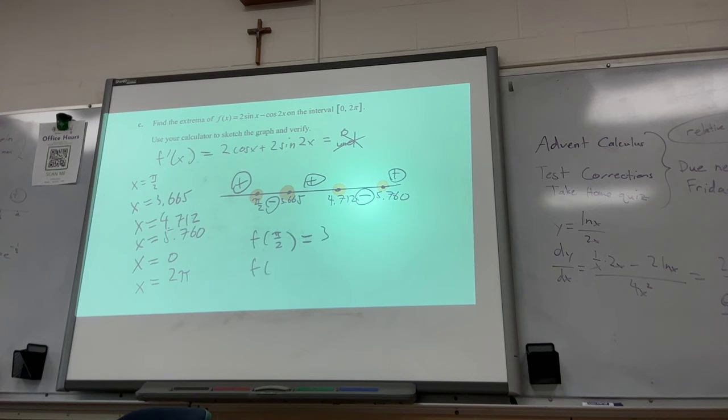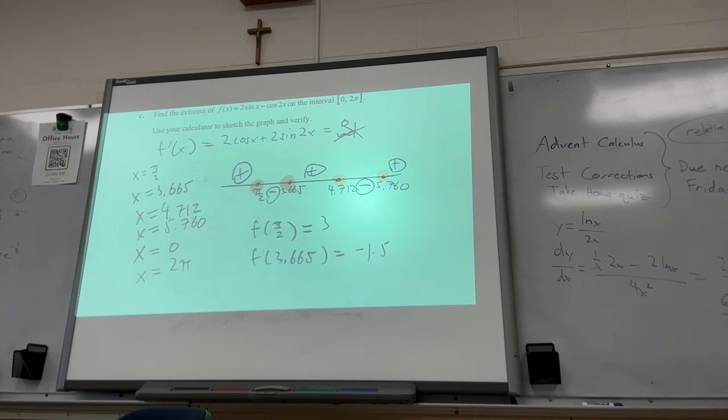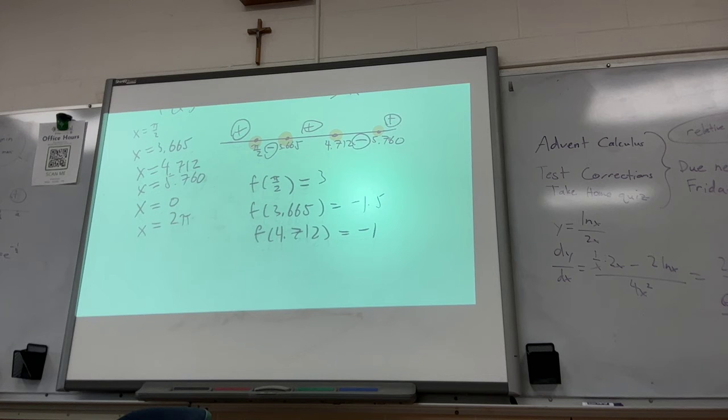F of 3.665 equals negative 1.5. F of 4.712 equals negative 1. I'm doing this with my calculator, guys.